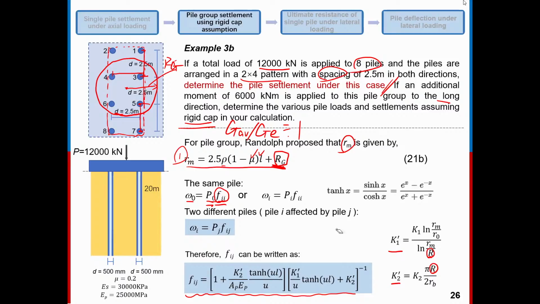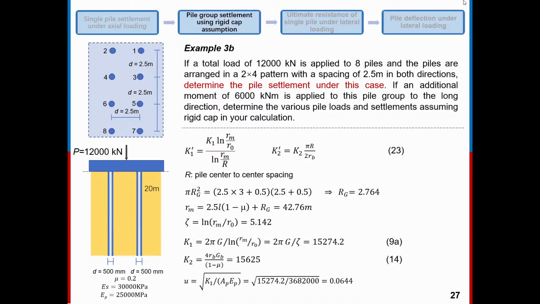This is the definition of the R value. The only new parameter here is R, for the revision of the Fij expression. So we need to be careful about the R value.